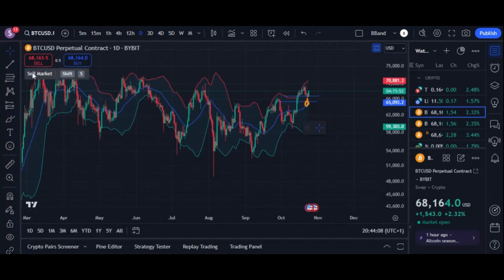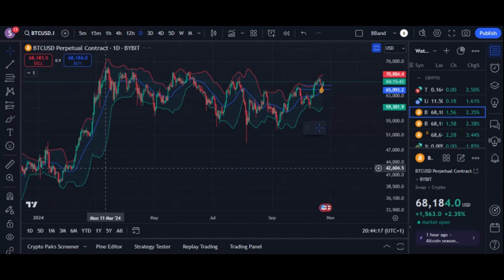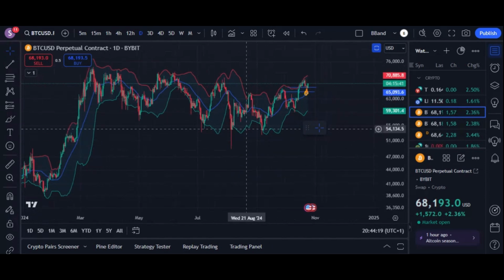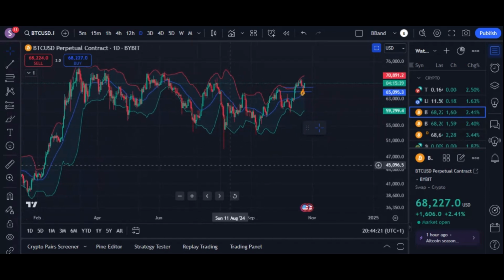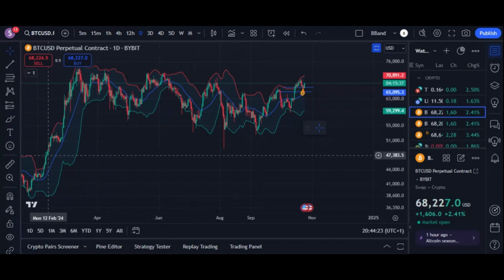So if I just get rid of the Bollinger Band from, should I get rid of it? No, I'll leave it on. So you can see for this whole consolidation period of 31 weeks or whatever it is, it's many months. You can see after the move up, there was a big sideways consolidation.